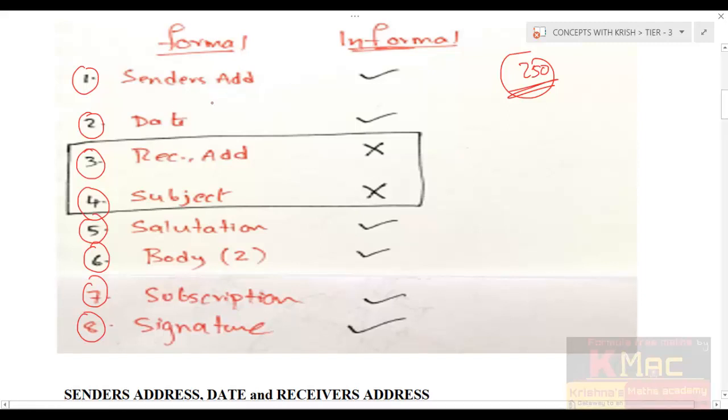The only difference between formal and informal is that out of these 8 parts, 2 parts should be neglected in informal letters. In informal letters you should not write the receiver's address and subject. The receiver's address you can neglect because an informal letter is basically written to dear ones, so they will obviously know you, so you need not write the receiver's address.